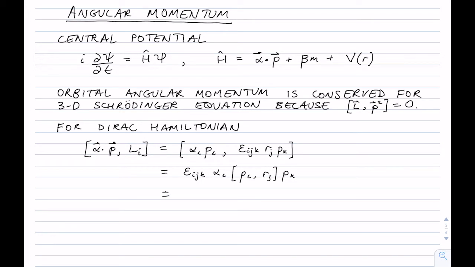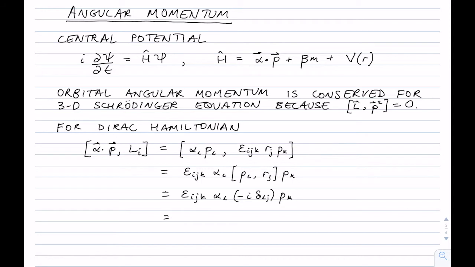So this is using the same tricks that we used before about the commutation relationships in one of the previous videos. So if we take this epsilon_ijk and make the commutation now, [p_l, r_j] is minus i delta_lj.